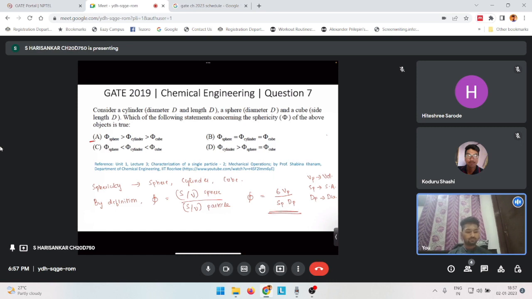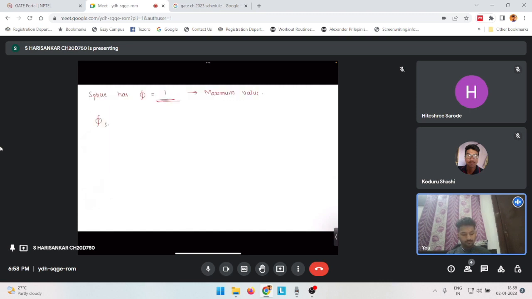And of course, we can verify the same by using this formula phi is equal to 6 Vp by Sp dP for sphere, cylinder and cube, and we can find that the sphericity of a sphere is equal to 1. Then the sphericity of the cylinder by using this formula 6 Vp by Sp dP.